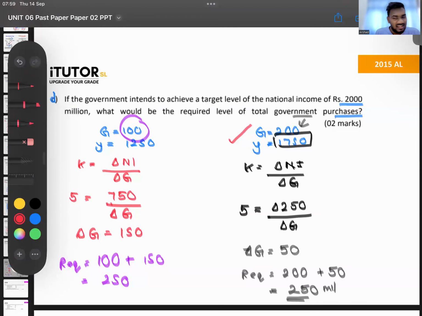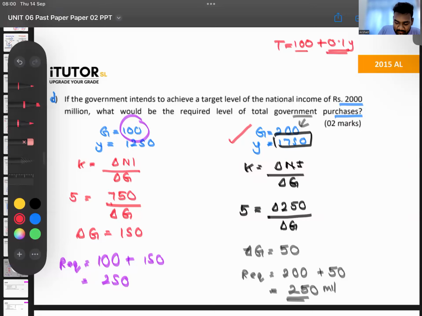Calculations like these, guys, are 3 marks if you know the thing. Now, what is autonomous tax? Autonomous tax is just your normal tax. So if the question says tax equals 100, that's autonomous tax. That means it doesn't really depend on income. Ideally, if it has something like this, then this is the tax that is dependent on income.